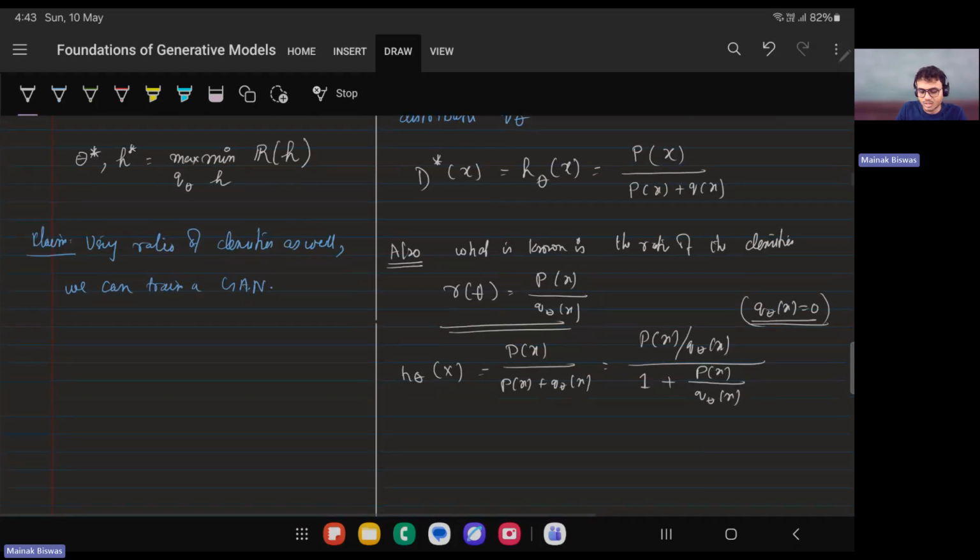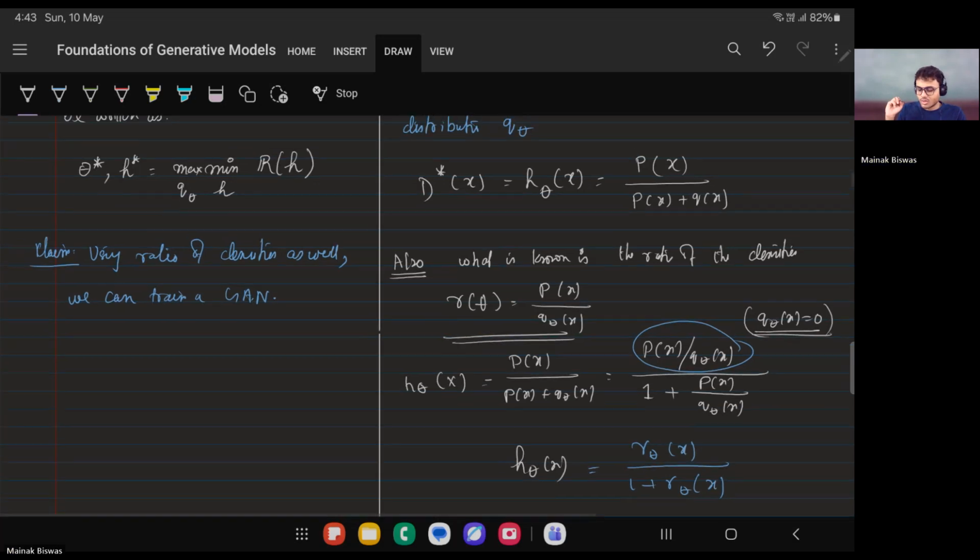There is no loss of support for the x variable. So in this case, this is nothing but r theta of x over 1 plus r theta of x.